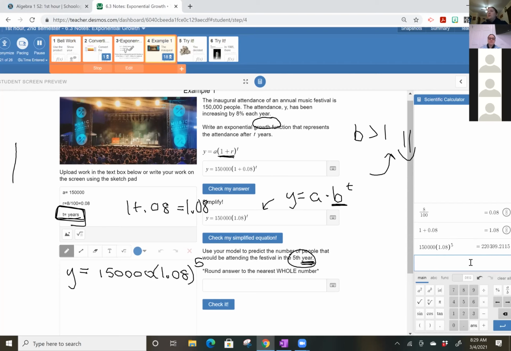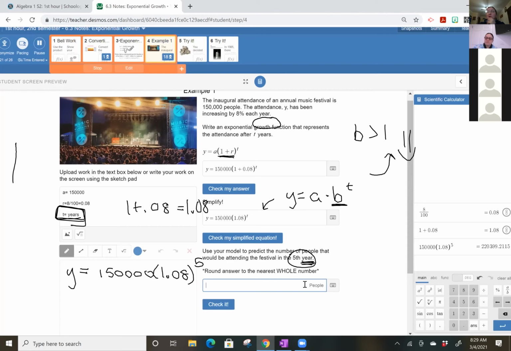Now we have to round to the nearest whole number. So we have 220,399 people. Do I care about those decimals? Can we have a decimal of a person?